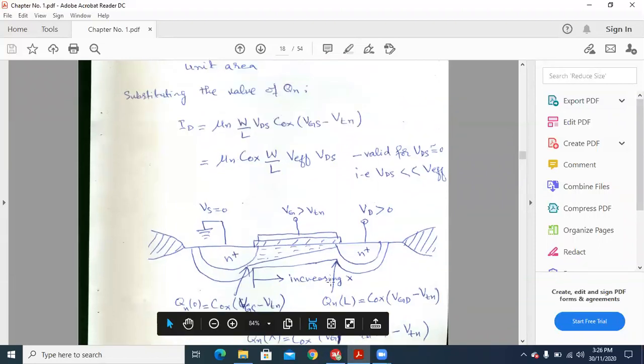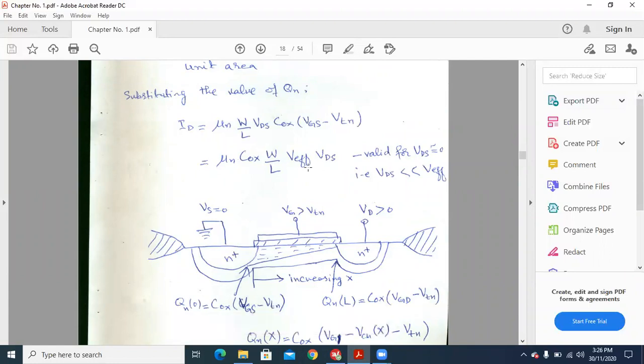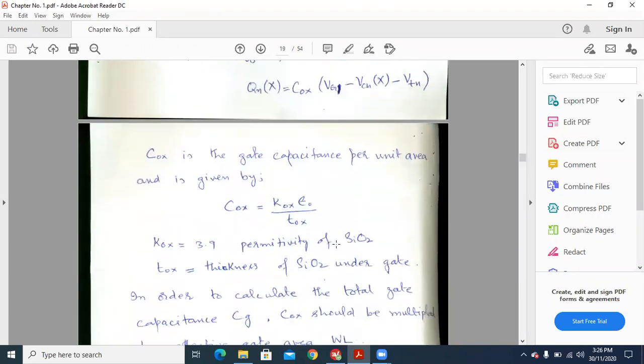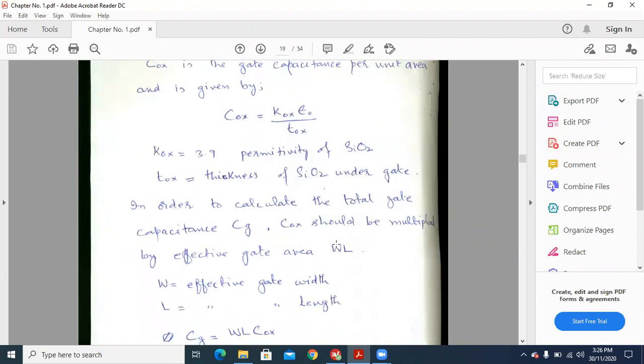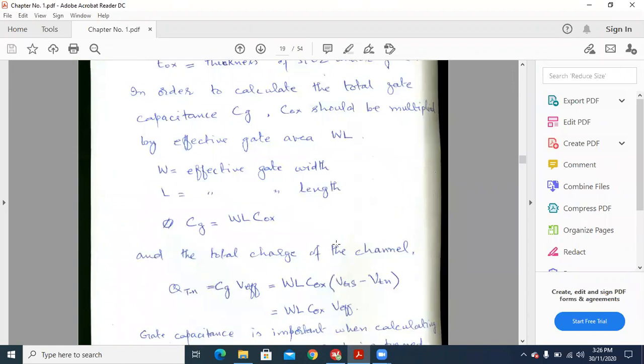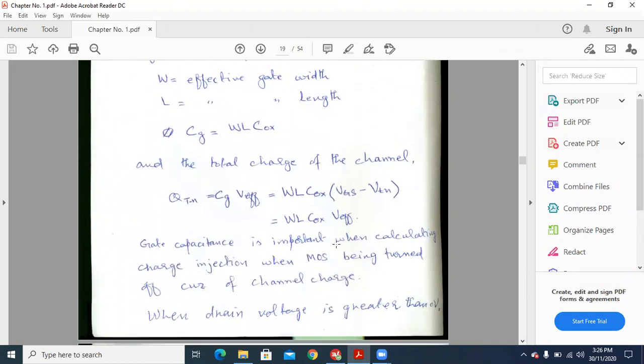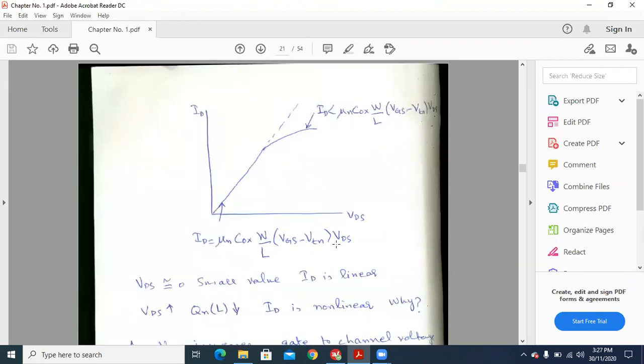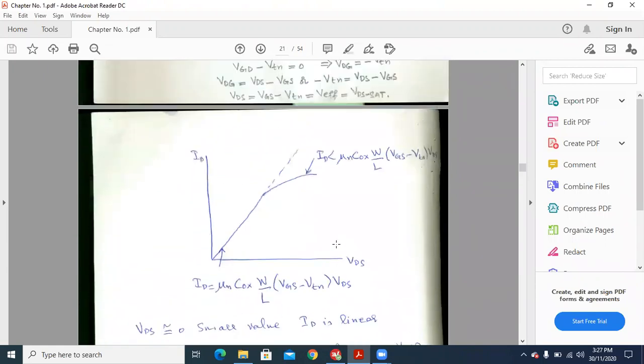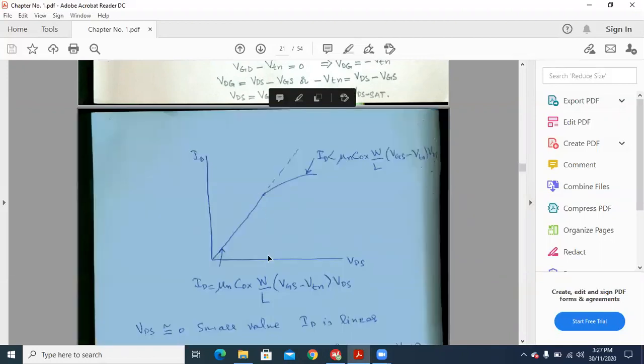The important thing is the value of ID when VDS is equal to VGS minus VTN. This is the point where pinch-off occurs, and we can further simplify this relationship by substituting the value of VDS here, because at this point VDS is equal to VGS minus VTN.